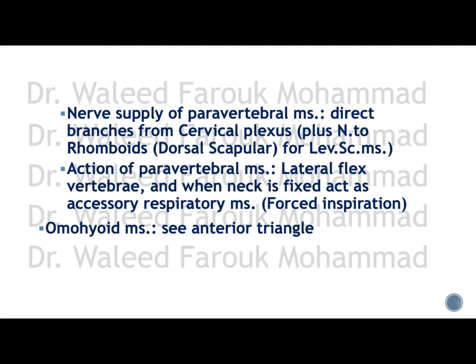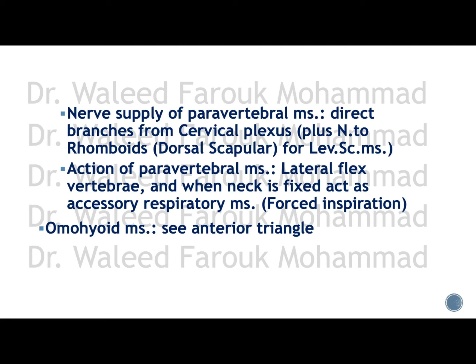But if you fix the neck and contract these muscles, when do you get that? You get that in forced inspiration. When you make an effort. When you try to catch your breath. So now you can classify these muscles as accessory respiratory muscles, muscles that work on respiration in certain conditions, not all the time, like the paravertebral muscles, the scaleni, because they're attached to the ribs.